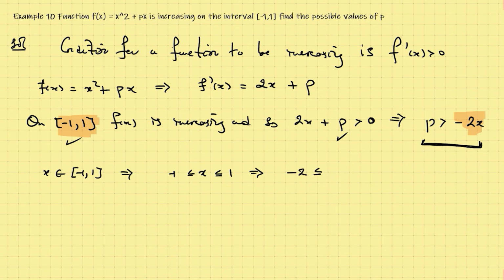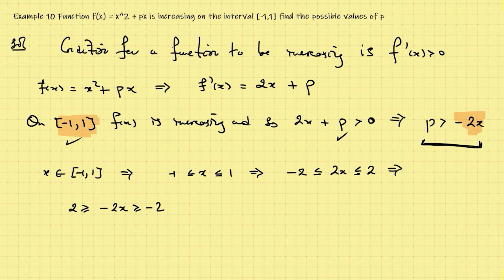So I say 2x is bigger than or equal to minus 2 and less than or equal to 2. But of course, I didn't just need something about 2x, I needed something about minus 2x. So I multiply through by minus 1, and with inequalities that reverses the sign, right?